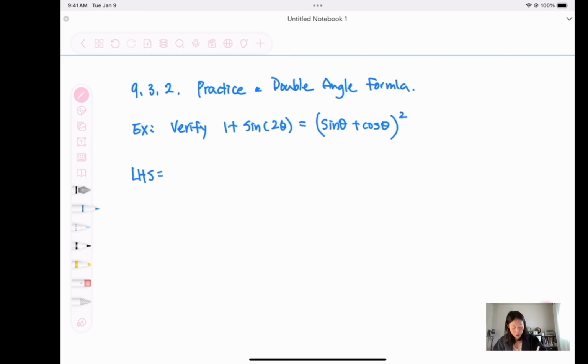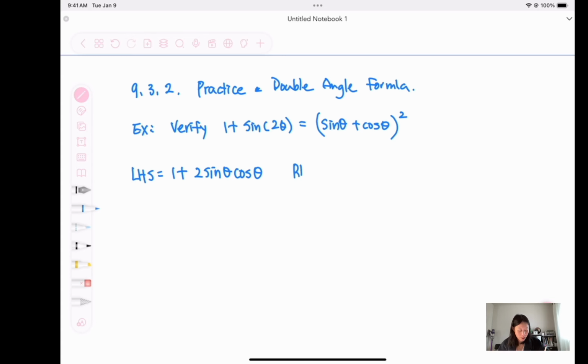So we can start from the left-hand side and break down sine 2 theta. Sine 2 theta, we use the formula, which equals 2 times sine theta times cosine theta. That's the double angle formula.